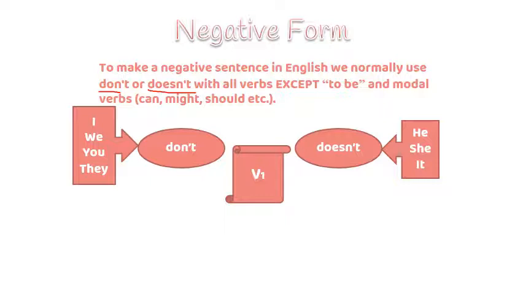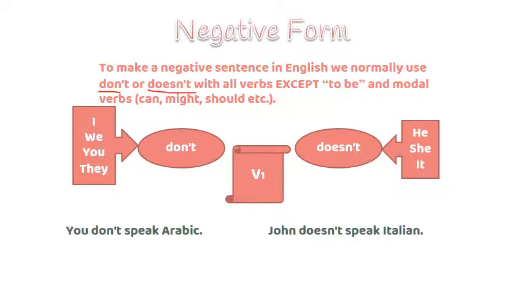So whenever I have a plural subject, I, we, you, or they, I use don't, then the verb. But when I have he, she, or it, or a singular subject, I use doesn't, then the verb.